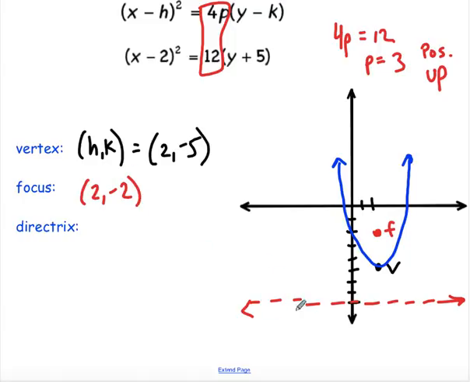And then we want you to write an equation of this horizontal line. So that equation of a horizontal line would be y equals, and where is it? It's down at -8. So we're going to want you to identify vertex, focus, directrix, and draw the graph.